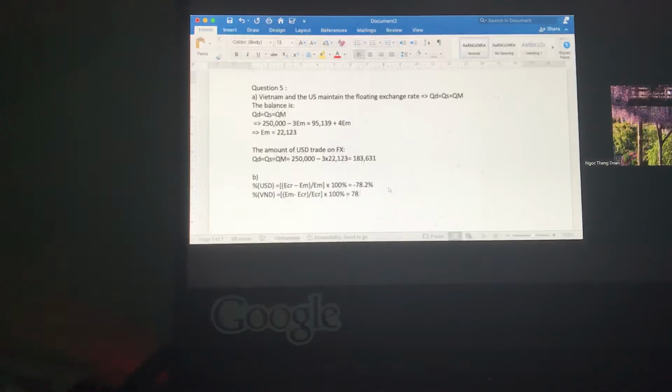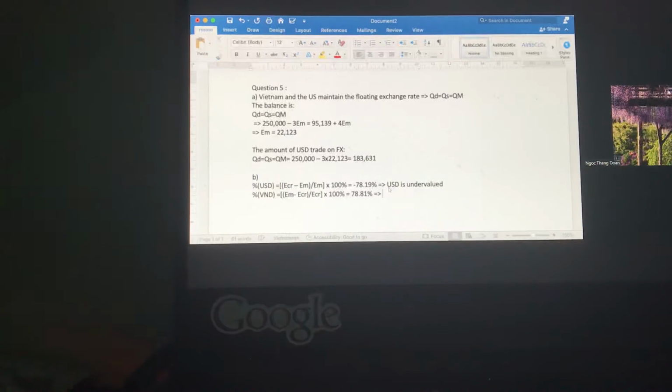Once we have the central rate, if the central bank announces a central rate today, but tomorrow they reset it and raise it, in Vietnamese we call that devaluation. For example, if today the State Bank of Vietnam sets the central rate at 23,000 Vietnamese đồng against one USD, but tomorrow sets it at 23,500, there is an increase in the central rate.